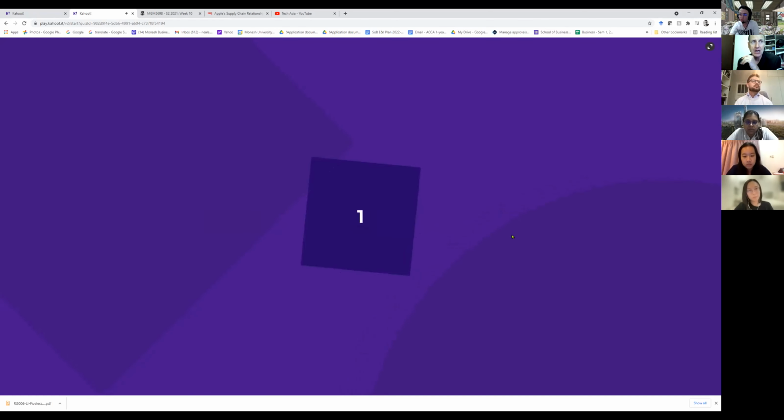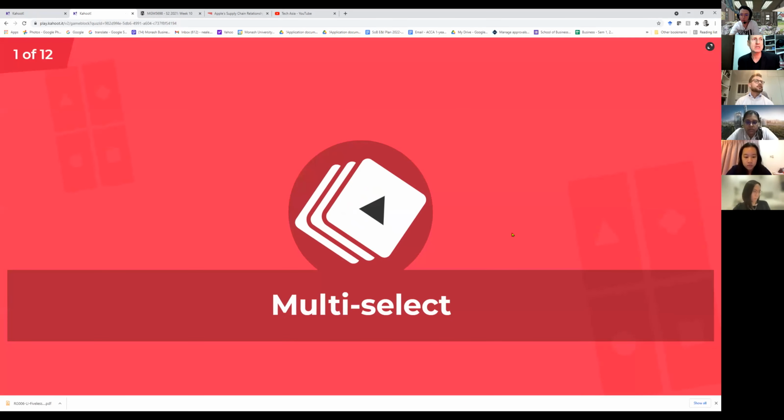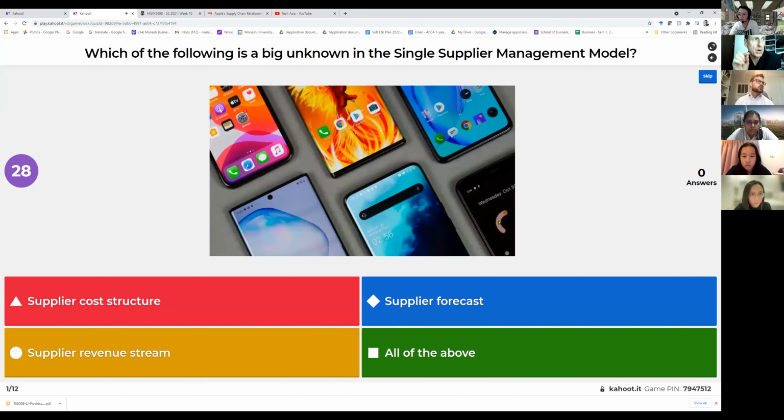Week 10, okay, let's go. Now, question 1 out of 12, multi-select. Which of the following is a big unknown in the single supplier management model? In the single supplier management model, which is the big unknown? What is the thing that we don't know about with the supplier?